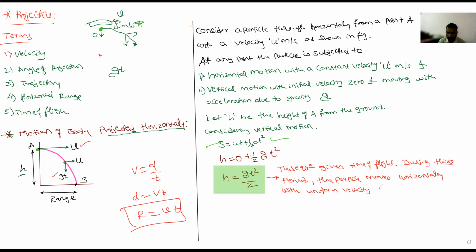What is that velocity? Uniform velocity, u meter per second. Therefore, range is equal to u into t. This is the formula for the horizontal range.